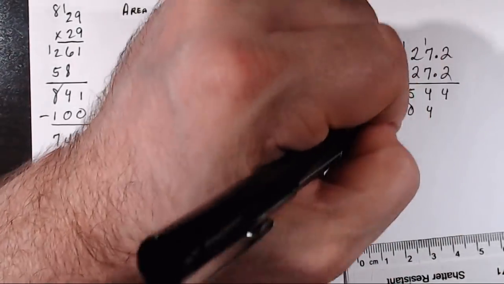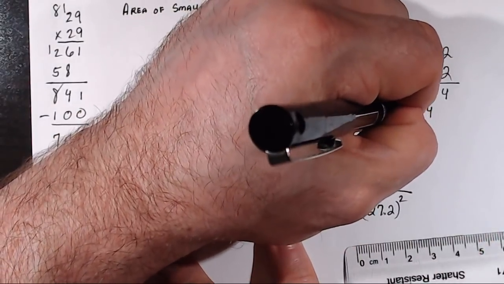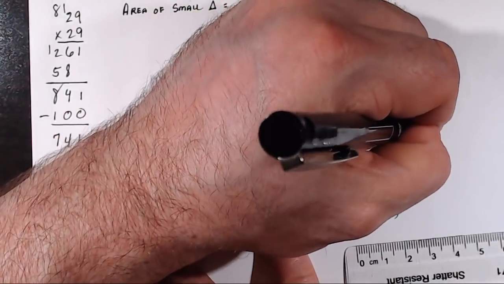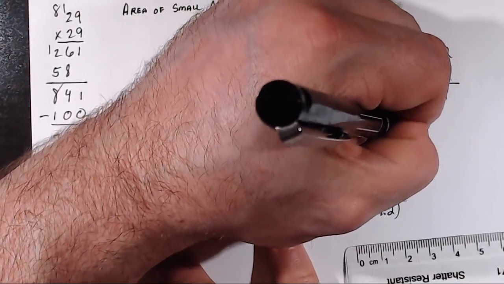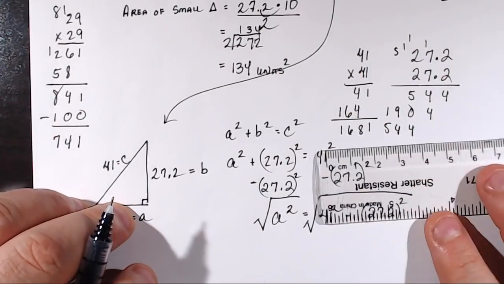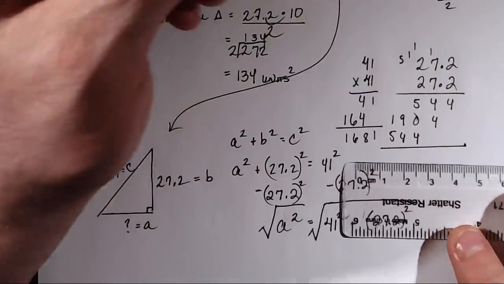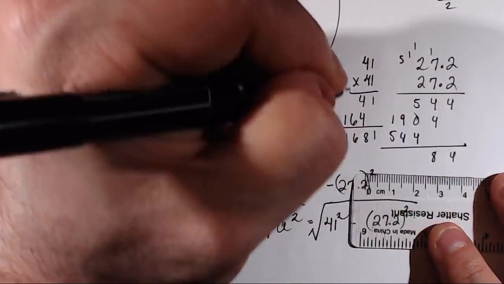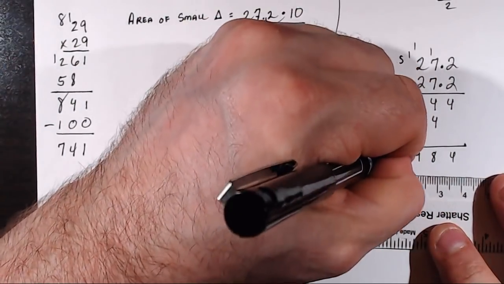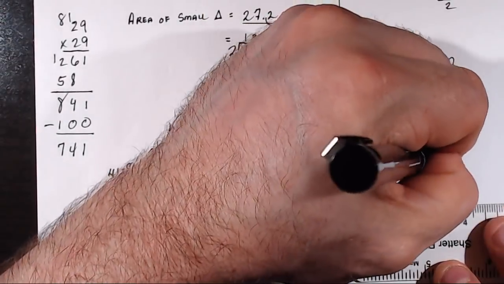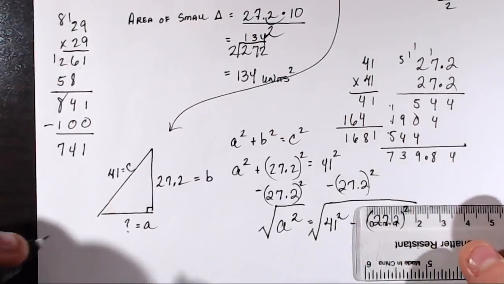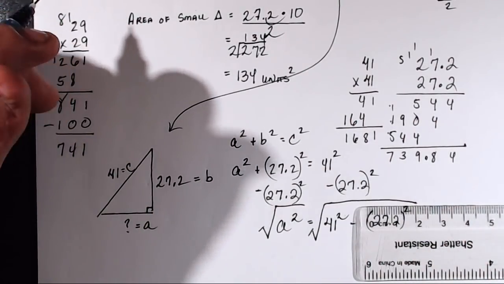Carry the 5. 2 times 7 is 14 plus 5 is 19. 2 times 2 is 4. 7 times 2 is 14. Carry the 1. 2 times 2 is 4 plus 1 is 5. And so now I'm going to stack add all that. 4, 8, 9, 13, carry the 1, 5, 6, 7, 7, 3, 9, 8, 4, and then we put the decimal point there. Rounded to the nearest tenth is 739.8.